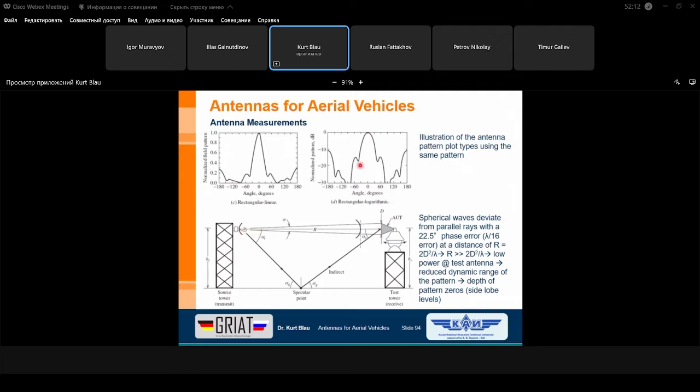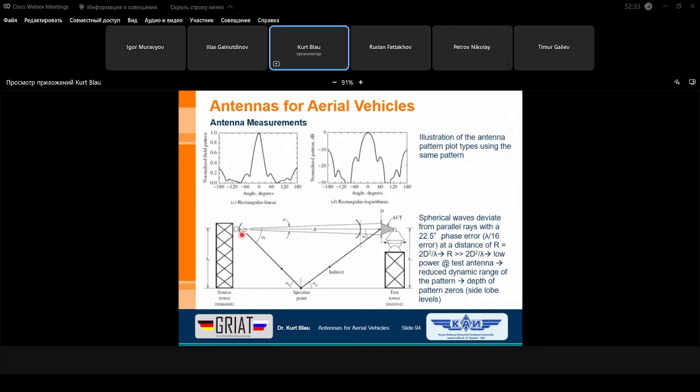Here the main beam is 1, normalized to itself. And if you go to 45 degrees, it's about here in this local minimum, but it's only 15 dB lower than the main beam.